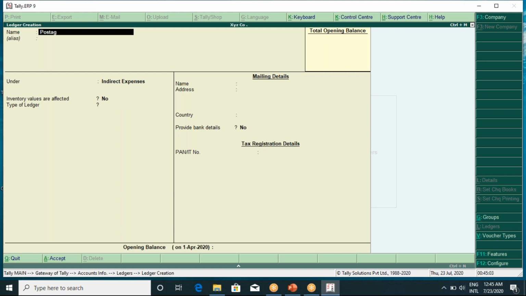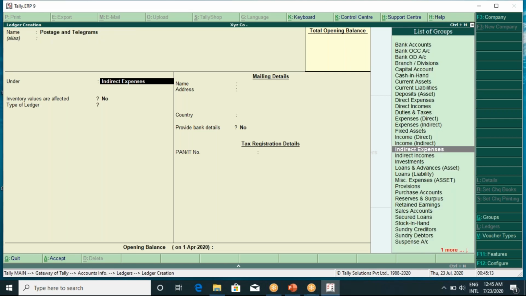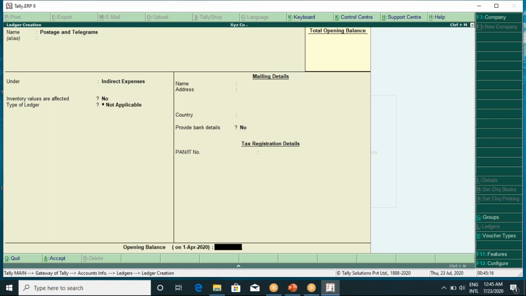Next one, postage and telegrams. This one also indirect expenses. Rent paid.